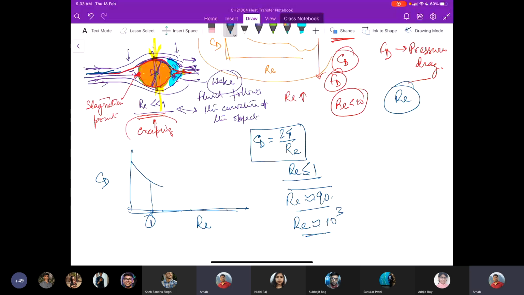If the velocity increases, does it mean the drag will also decrease because the drag coefficient is decreasing? Anyone? So the friction drag is decreasing, but the pressure drag is increasing. I am writing CD, the drag coefficient, as a whole.